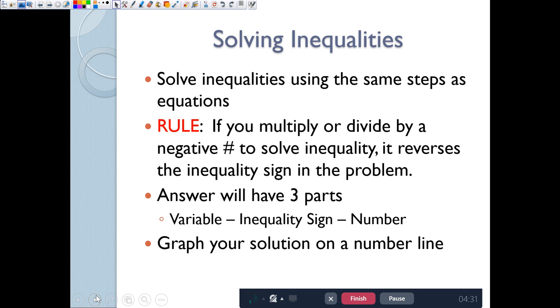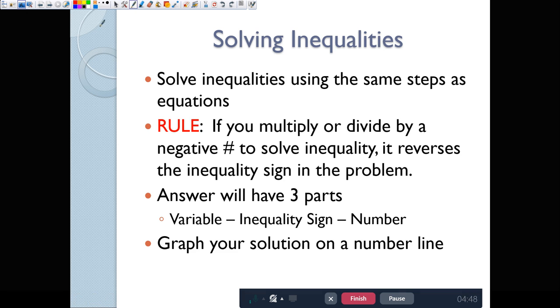The only thing that's different here is if you multiply or divide by a negative number to solve the inequality, it reverses the inequality sign of the problem. For example, you don't need to write this down, but we're going to be doing this later. Let's say I have negative 3x is greater than or equal to 12. In order to solve this, I'd have to divide by negative 3.